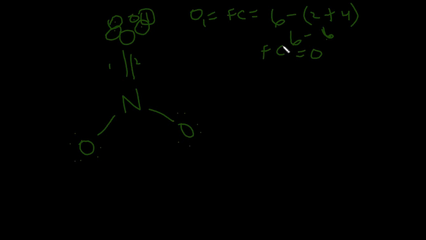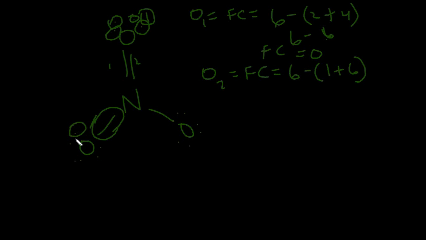Now let's talk about this oxygen to the bottom left. We'll call that O2. We have the formal charge, which equals 6 again, minus the bonds. There's only one bond here. So we have 1, and then we have 6 dots.